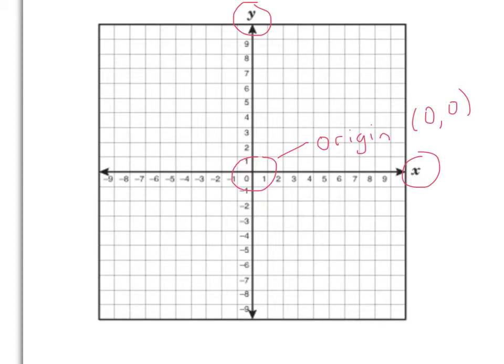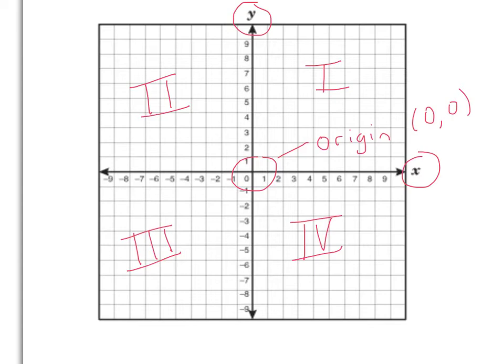Now, when we have this intersection, it creates four quadrants, four different areas, and those are labeled as quadrant 1, quadrant 2, quadrant 3, and quadrant 4. If you're ever asked which quadrant an ordered pair lies in, please use the Roman numerals.